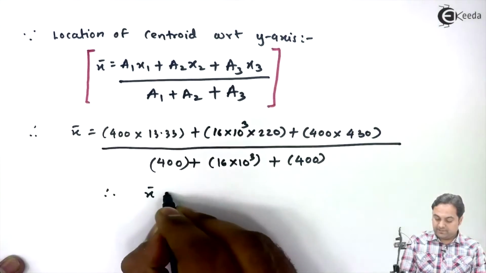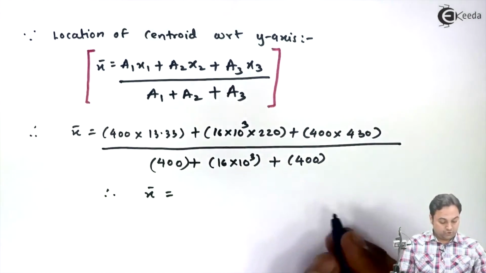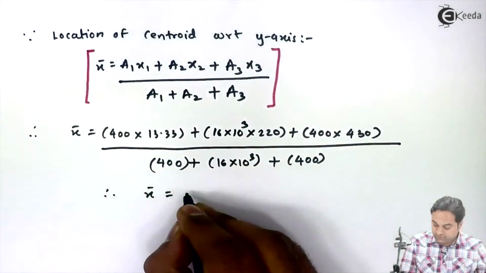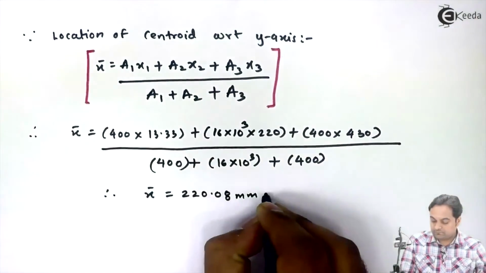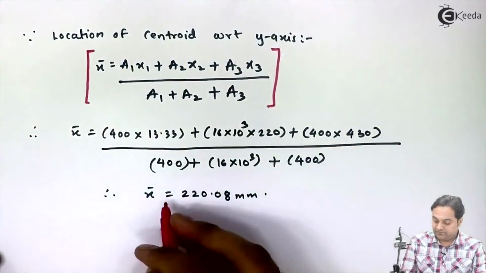So x bar value will be 220.08 mm. This is my first answer.